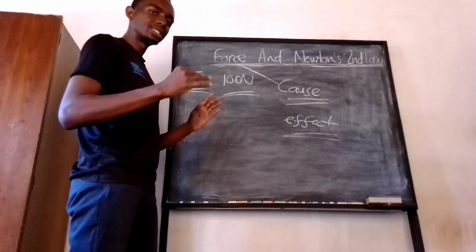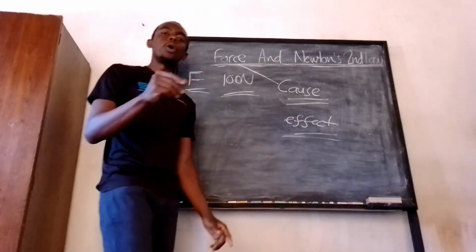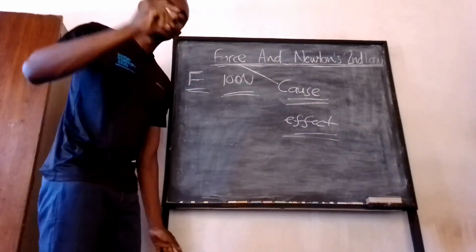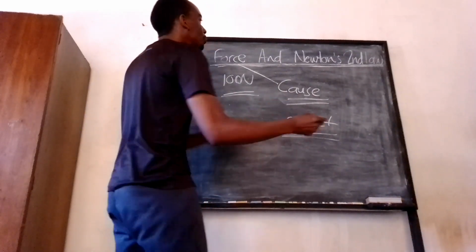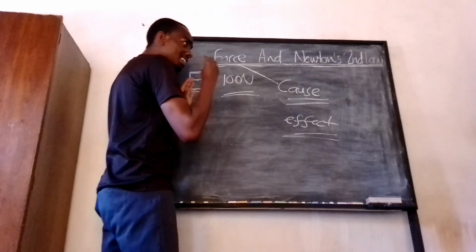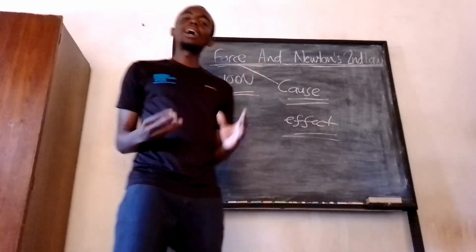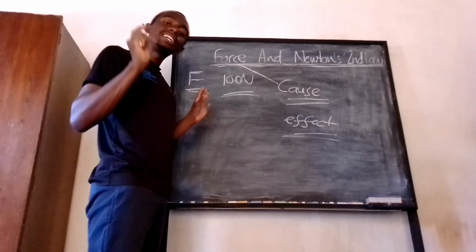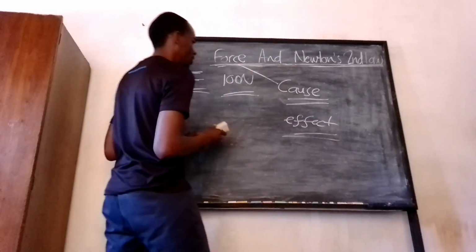Force is a cause. What does force cause? Force causes motion. Now, it is the effect of motion that we then measure to account for the existence of a force. We cannot measure the force directly itself. Now, okay, let me write this.